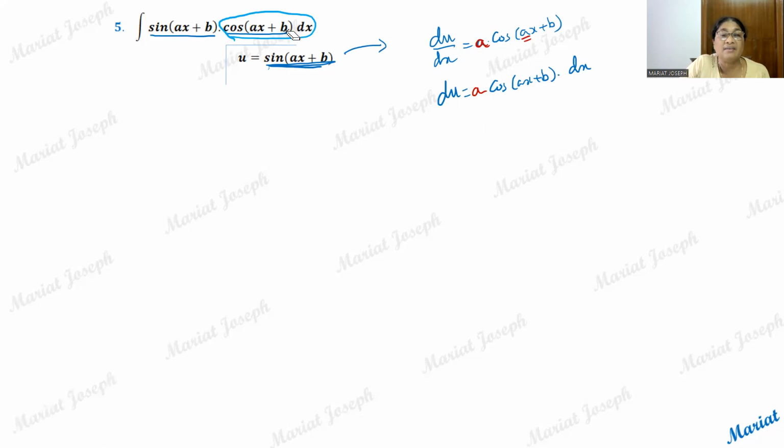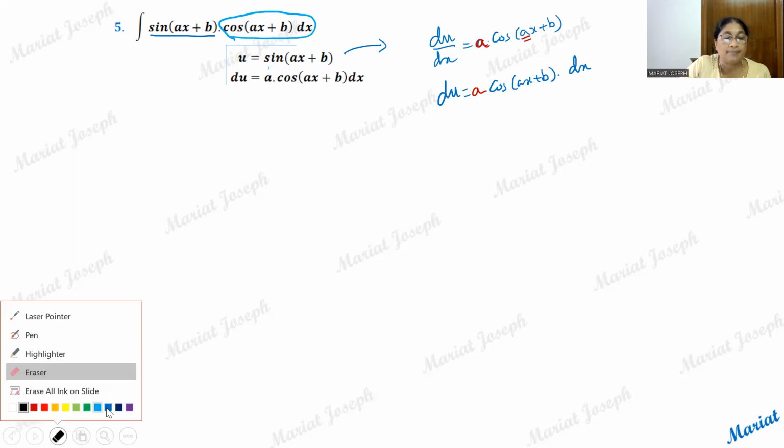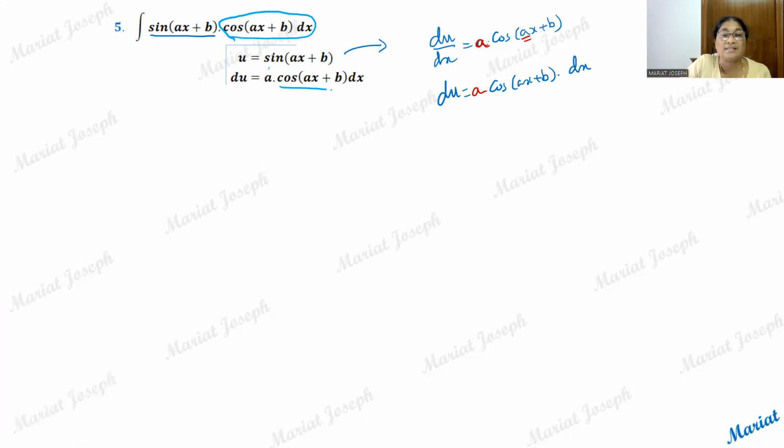That is there as the derivative. So, cos of ax plus b into dx can be replaced as du upon a. We have only cos of ax plus b into dx, which is du upon a.